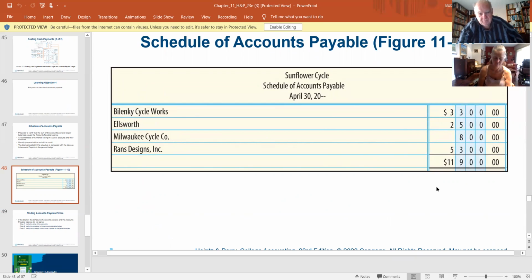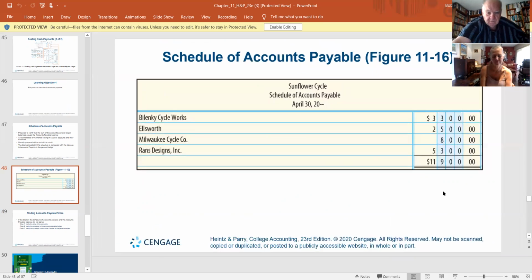At the end of the month, that better be the balance in the control account, accounts payable in your general ledger. They have to be the same. The auditor comes in and says, okay, you have $11,900 in the ledger. To whom do you owe that money? And you would produce this report for the auditor. And then the auditor might start contacting these people to verify their information.